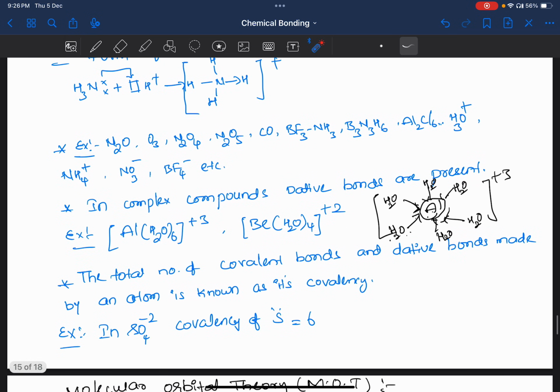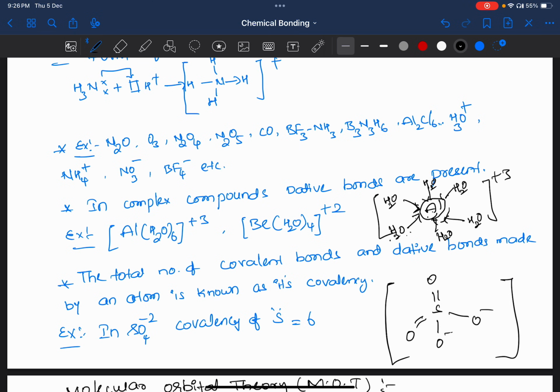Now, one example also I give. In sulfate ion, the covalency of sulfur is 6. How do we write it? I write the sulfate ion structure. S double bond O, double bond O, and single bond O minus and single bond O minus.